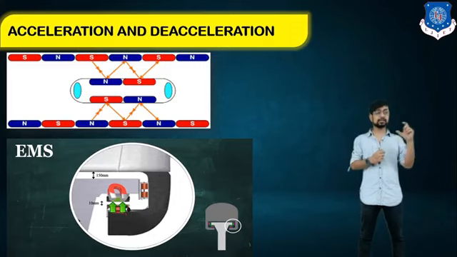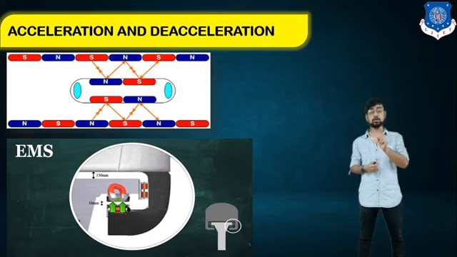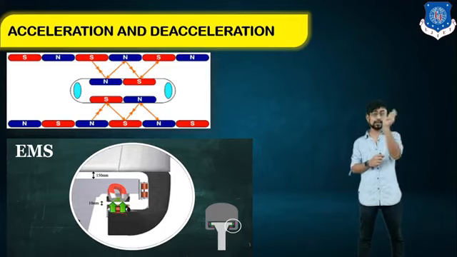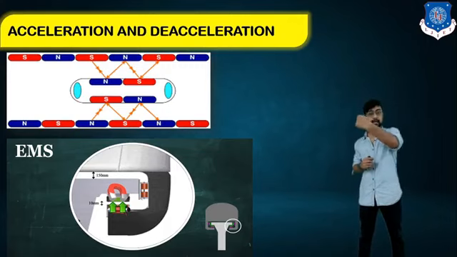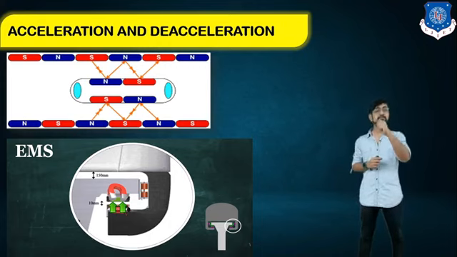But this happens only one time. So to keep it in motion, the scenario would be that the poles are alternated. The north and south poles would be alternated, and the moment the train moves, the front north moves ahead. At that time, the south is attracting it and the north pole is repelling it.